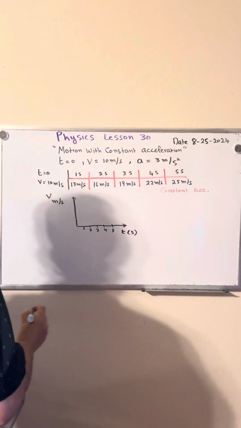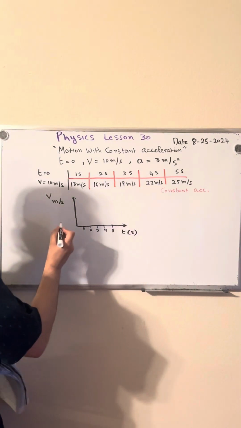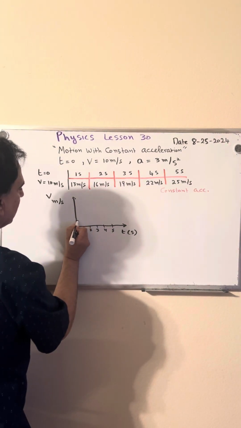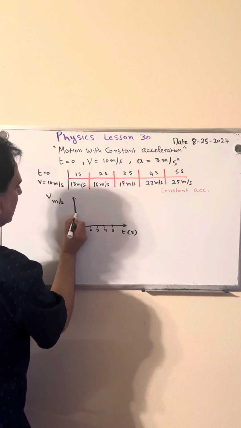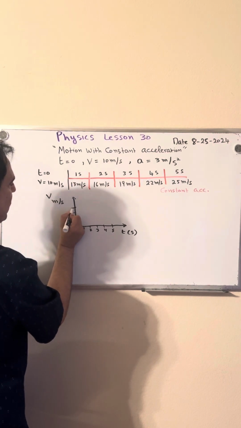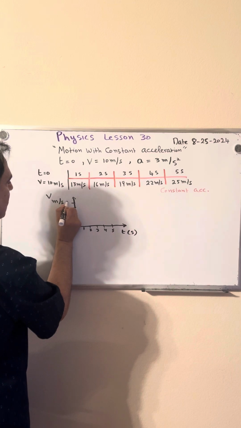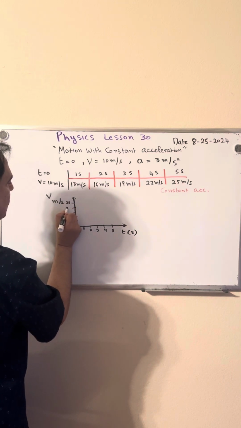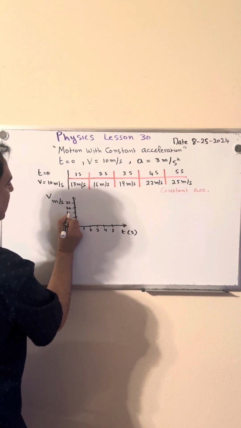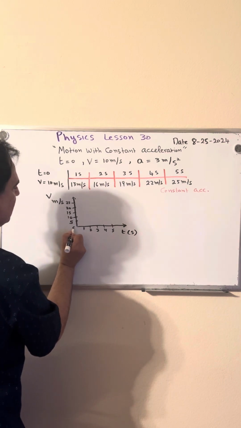And for velocity, 5, 10, 15, 20, and 25, and 0.